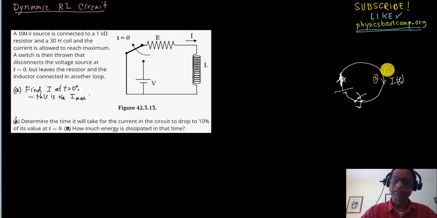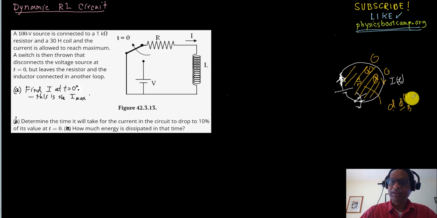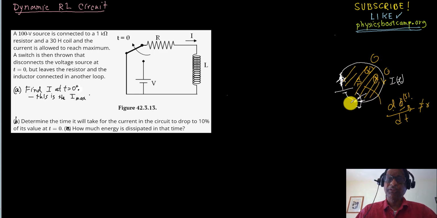The magnetic fields are, so you can see the magnetic flux through there, d phi B dt, with this surface S, dt is not zero, hence the current will induce an EMF and induce some current inside there.